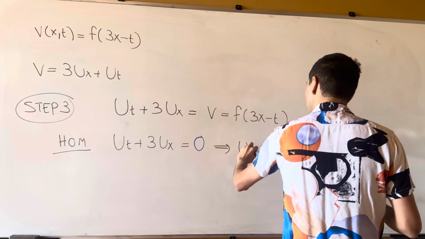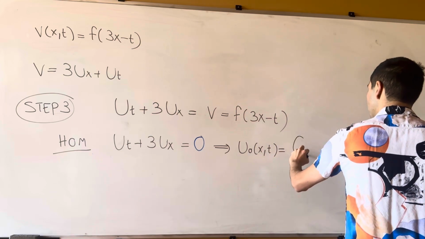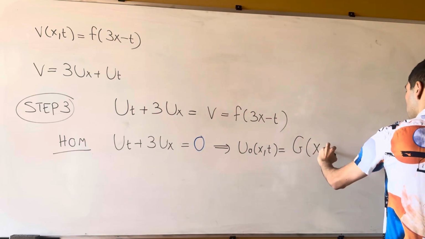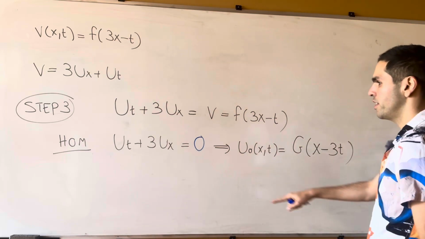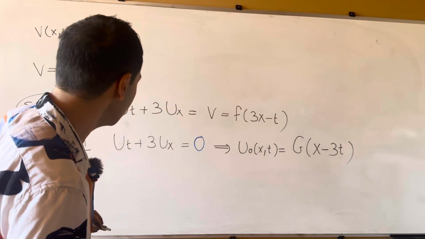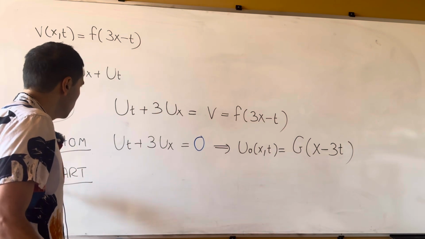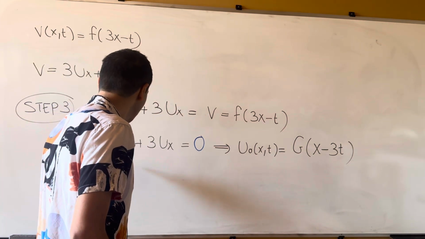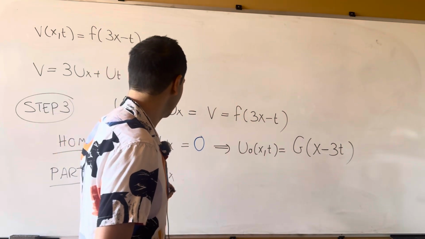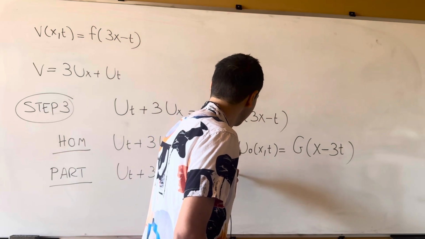So u_0, the homogeneous solution, is some function capital G of x − 3t, because we shifted 3 units to the right. And now for the particular solution, we need to find one solution of the equation u_t + 3u_x = f(3x − t).